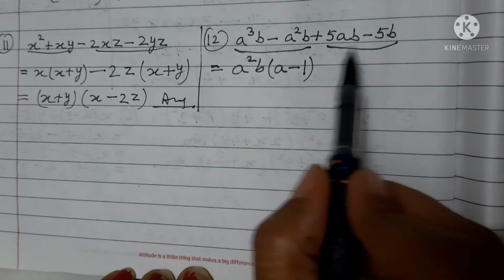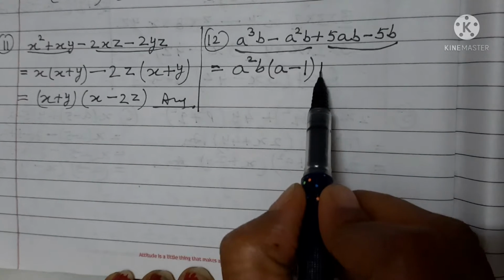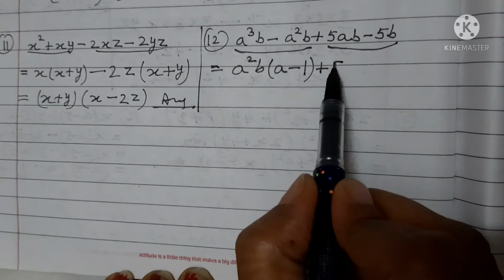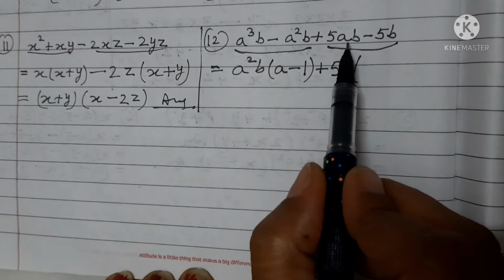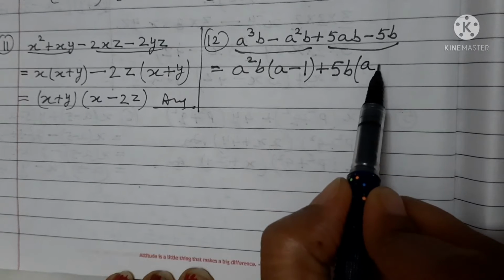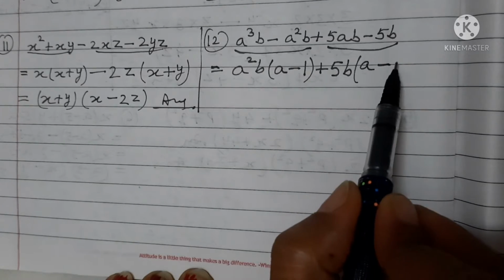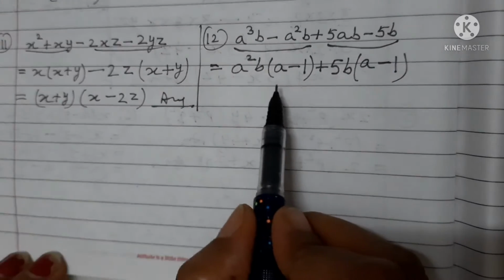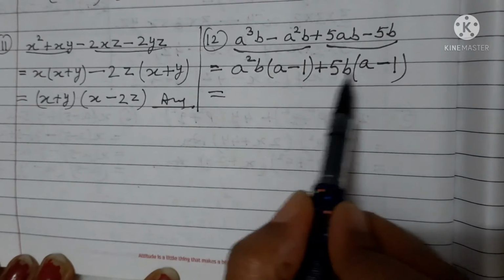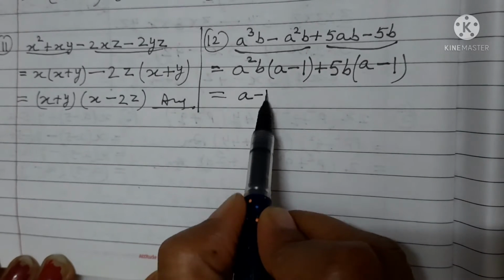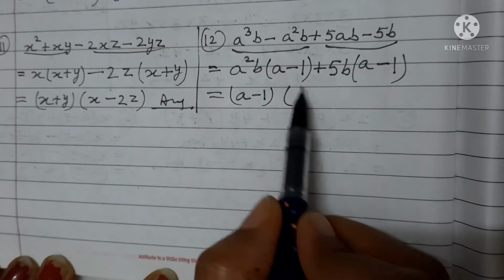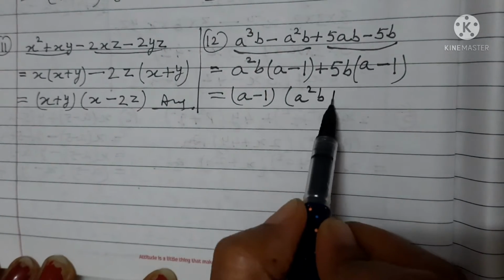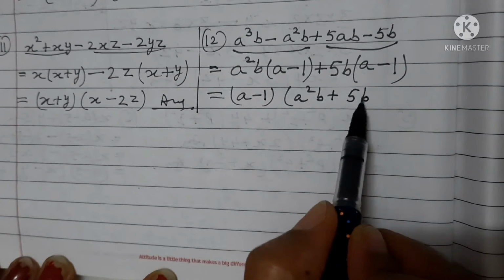Now see the next term, plus 5 common and b common. Now in the bracket a remains, minus 5b we have taken out, so minus 1. Now a minus 1 is present in both the terms, so take a minus 1 as common, and the other part in this term is a square b plus 5b.